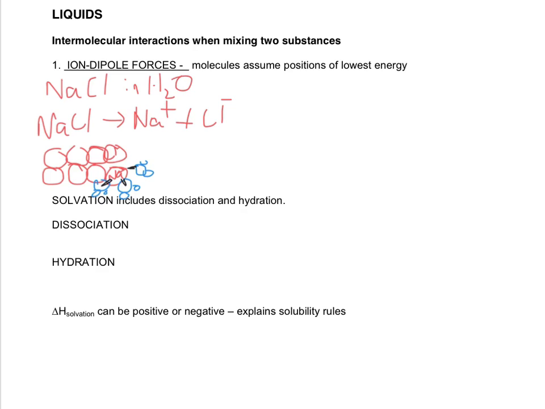And so basically it's going to be pulled away and it's going to look like this. So there's your Na plus, and it's surrounded by all these water molecules. And again, notice that the oxygen end is next to that sodium ion. So it took away that sodium ion.